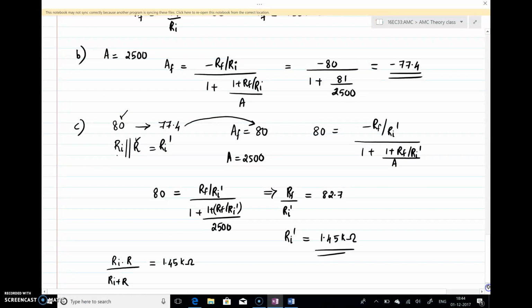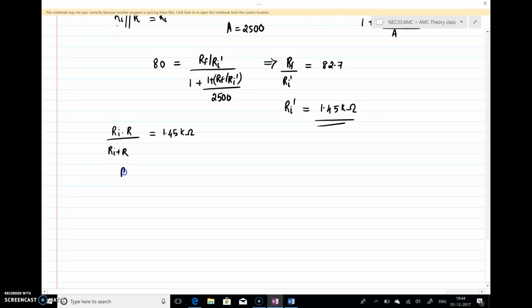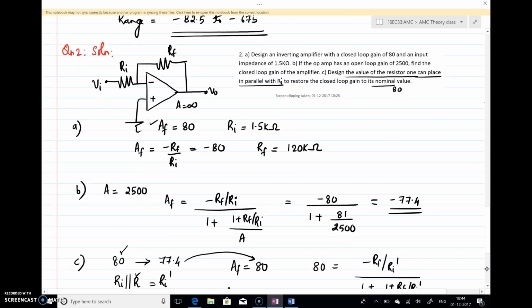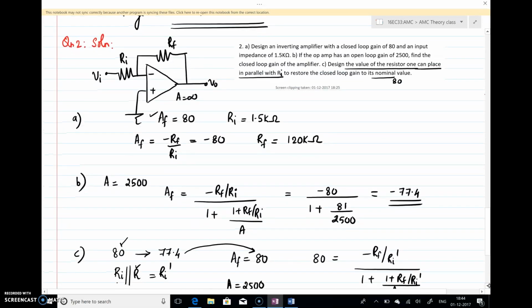By substituting that, you'll get the value of R, and that R is nothing but 43.5 kilo. So in order to restore the gain back to 80, you should add a resistance of value 43.5k in parallel to the already existing resistance Ri, which is 1.5k. That's all about this question.